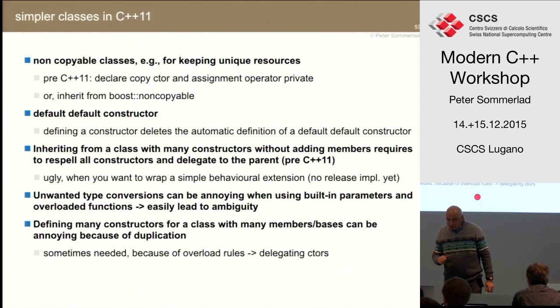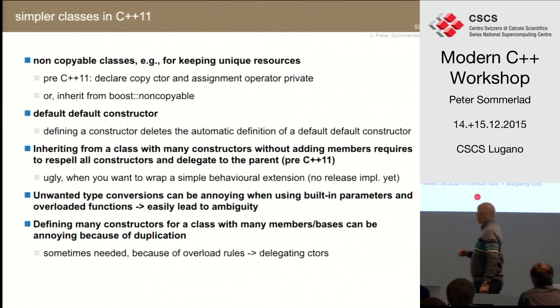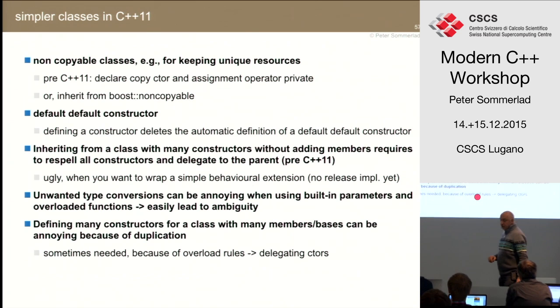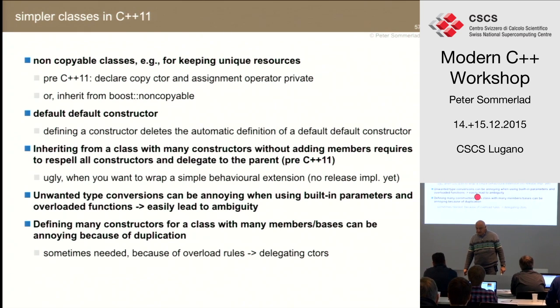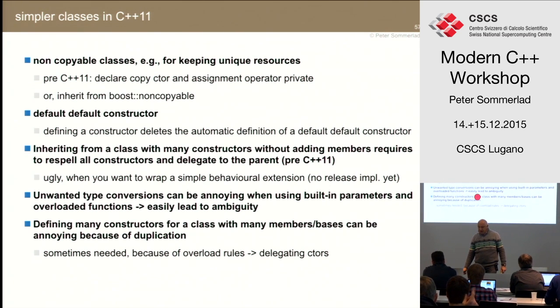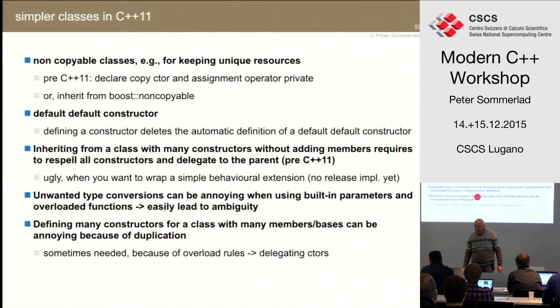Who of you knows what I mean by this? Unwanted type conversions can be annoying when using built-in parameters and overloaded functions. That's a bad sentence. I remember what I wanted to say about that, but who knows when these unwanted type conversions can happen?